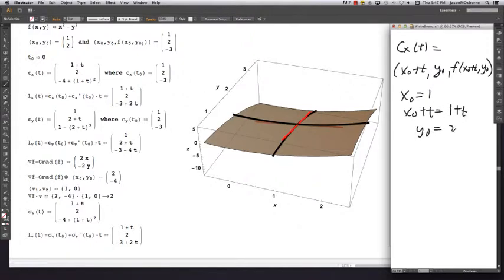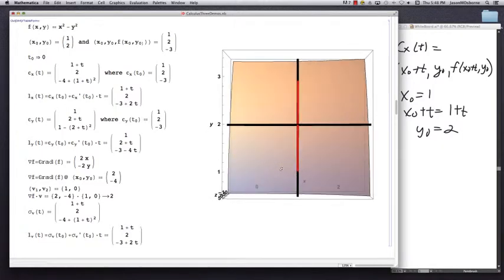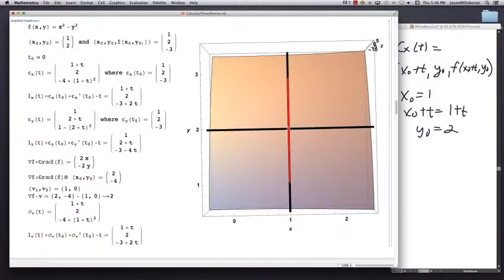And y naught is just equal to 2. So that's what we're seeing here, 1 plus t, 2. And this part must be the function evaluated at (1 plus t, 2), and that's where you're getting this. So this curve is not so mysterious where it's coming from. It is just these straight lines through the point (1, 2) projected onto the surface.